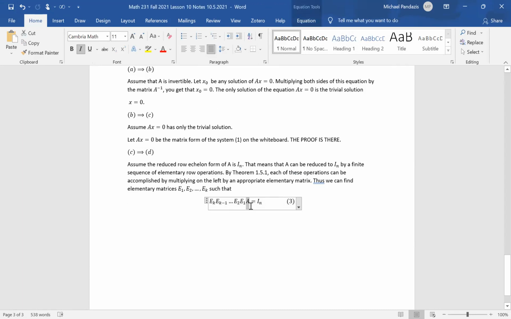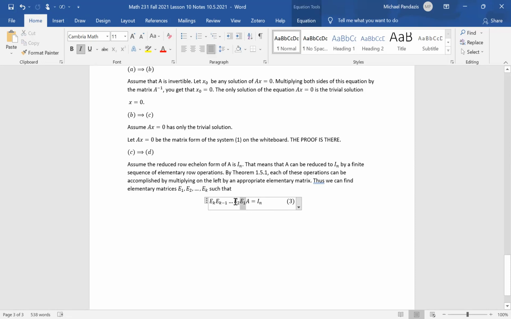If I start with A, I can perform elementary row operations on it to get to I sub n by Gaussian elimination. But instead of doing an elementary row operation each time, I left multiply by an appropriate elementary matrix, whose effect is doing the same row operation on that matrix.